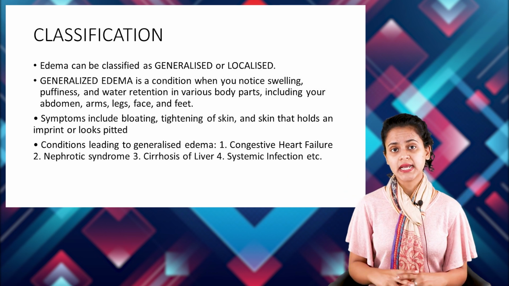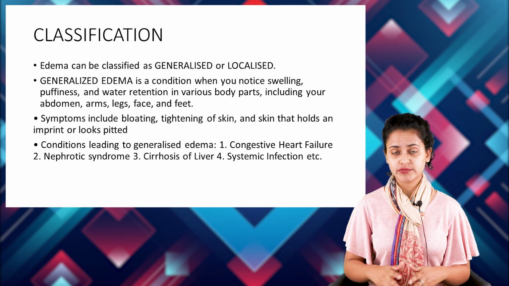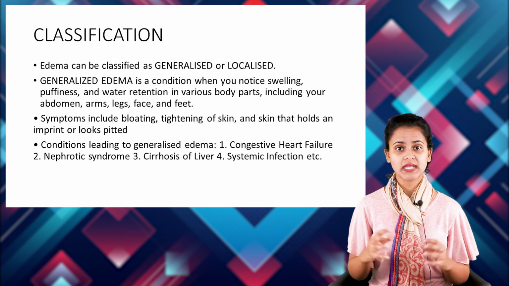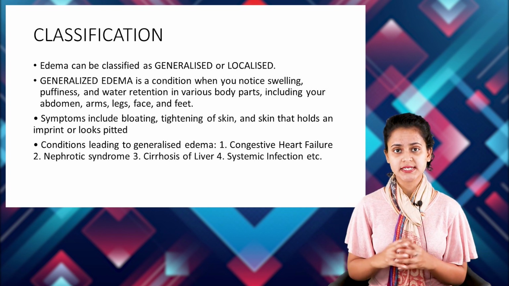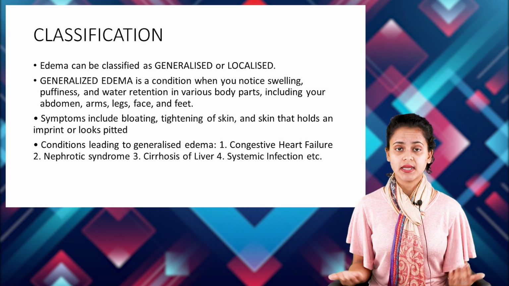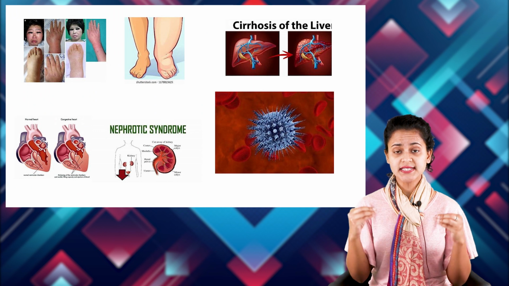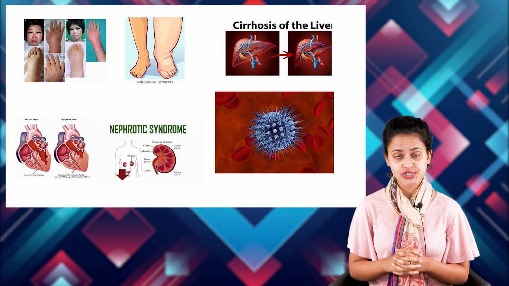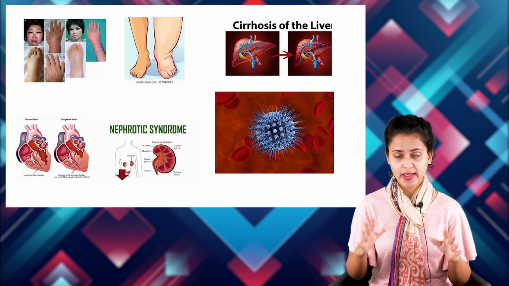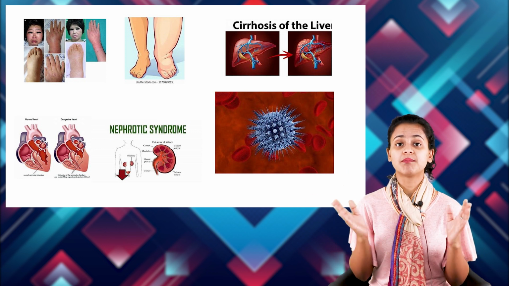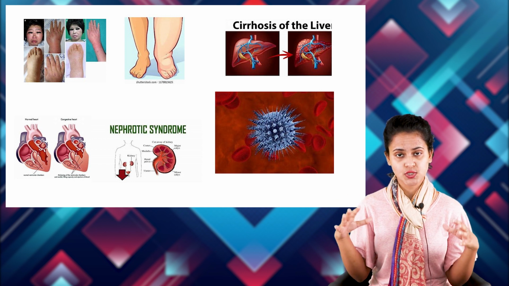Now we are going to learn that there are two basic classifications of edema: localized edema and generalized edema. First, we're going to learn about generalized edema. Generalized edema is a condition where we notice swelling, puffiness, and water retention in various parts of the body.